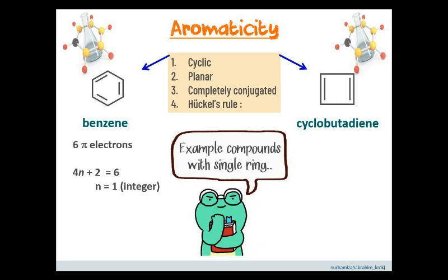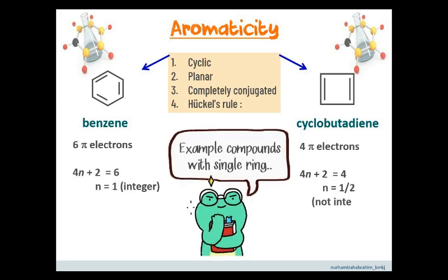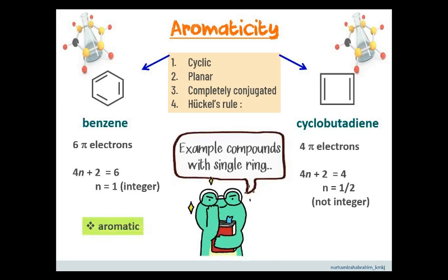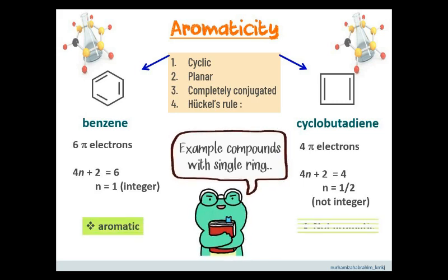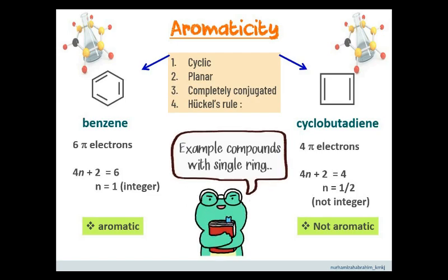While for cyclobutadiene, the total pi electrons are 4, so the value of n is equal to 1 over 2, not an integer. Therefore, benzene is an aromatic compound, while cyclobutadiene is not, as it does not satisfy Kekulé rule.